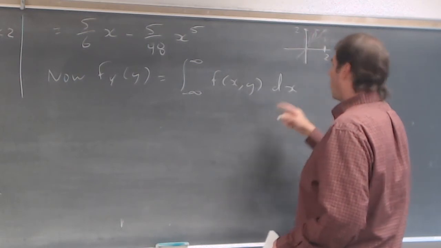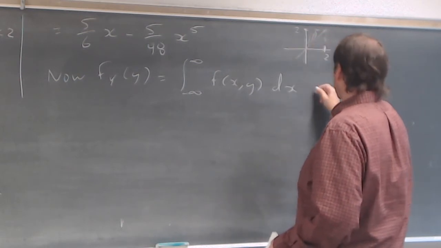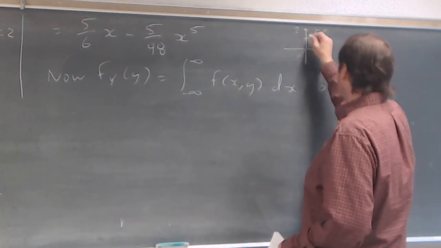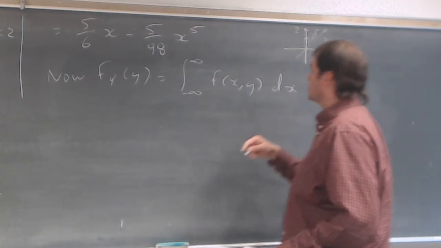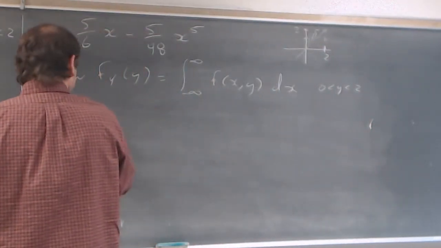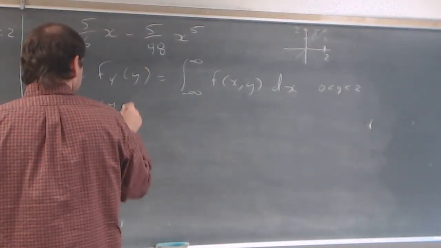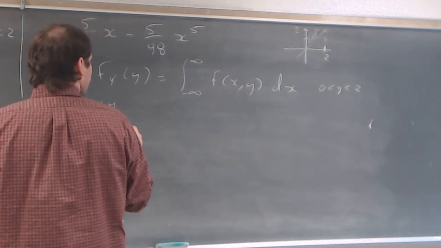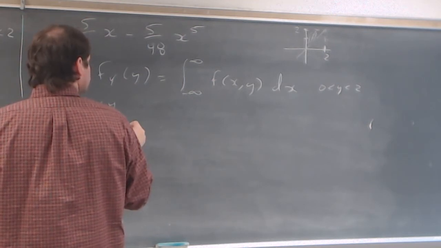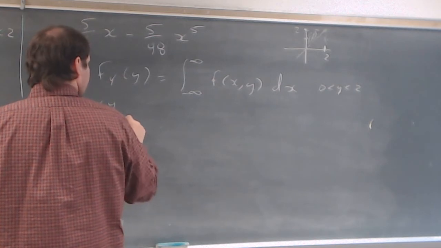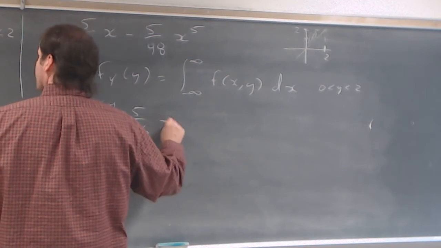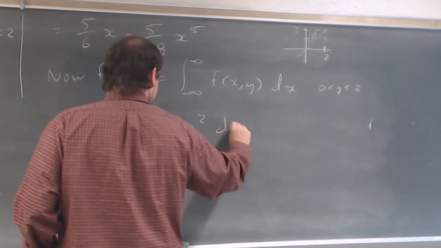And so the y values can run from 0 to 2. And for any fixed y value, the x values are going to run from 0 to y. So we have the integral from 0 to y of 5/16 xy squared dx.